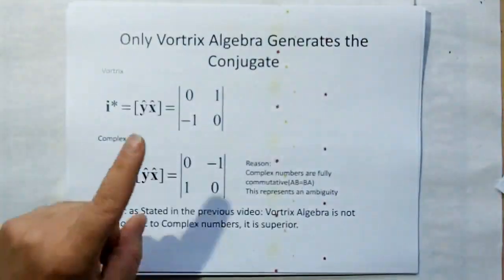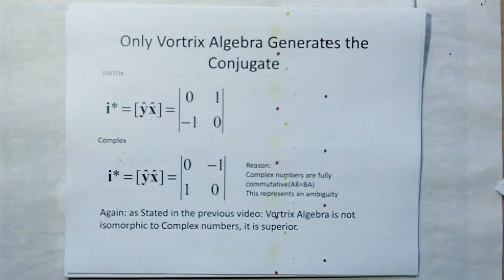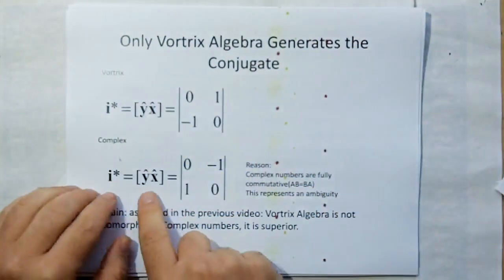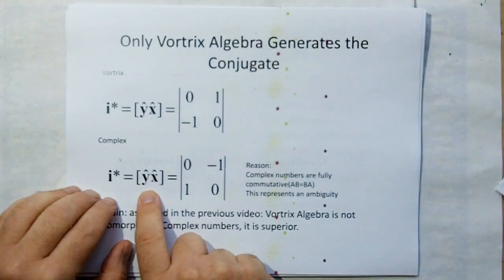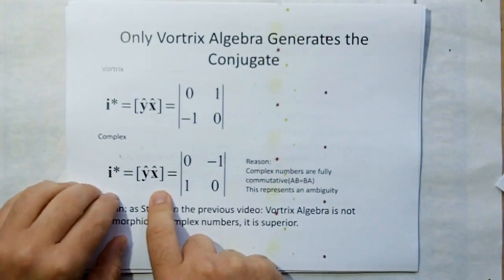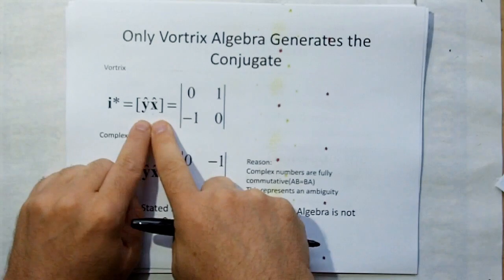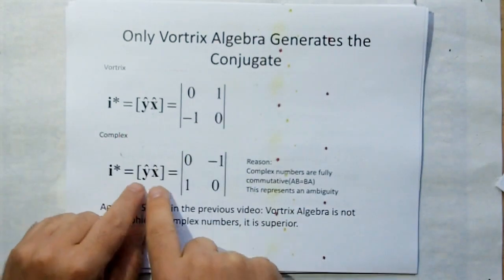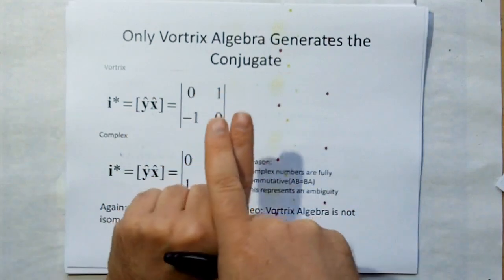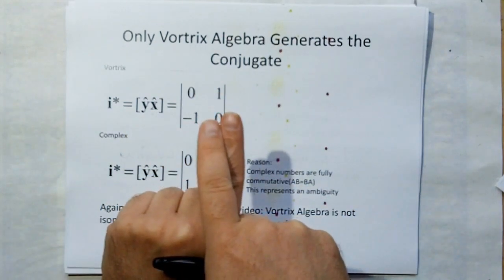Because in complex numbers, just by changing the signs, your multiply is no longer commutative. It's commutative in Vortrix algebra? In other words, if you swap your vectors in Vortrix algebra, it changes the value of the results, whereas in complex numbers, you can change the order of multiply and it doesn't change the result.